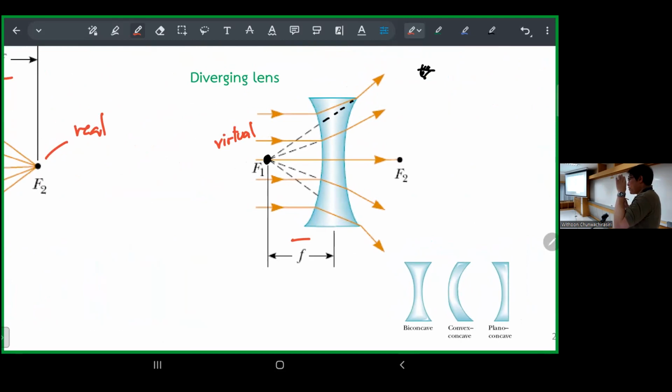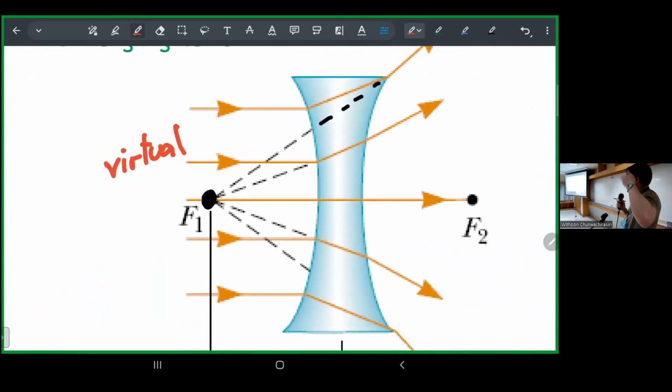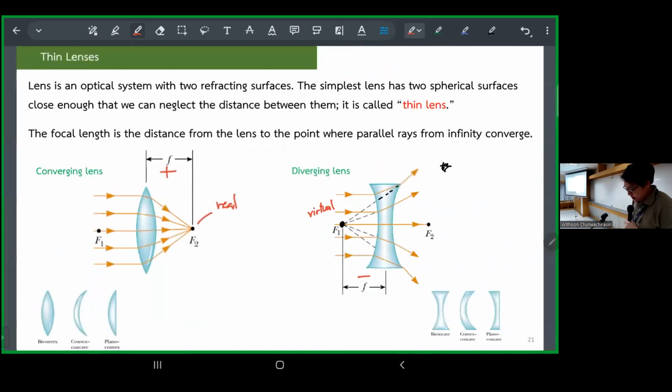So for those of you who wear glasses, you will notice this. If you are short-sighted, you use the diverging lens, but you never see a lens that looks like this. Your glasses don't look like this, right? It's curved in one direction. So your glasses pretty much go like this. It's still a diverging lens, but it is curved in the same direction. So it's better for vision. It looks more natural that way.